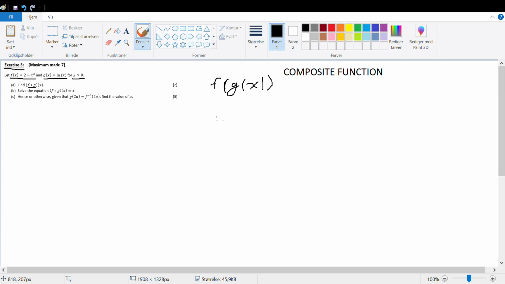F goes on the outside, so we do 2, and then we do minus, and then in here we're going to write g of x, and then we're going to square whatever it is. So I'm going to write g of x instead of x, and then I'm going to write squared. But this is the same thing as 2 minus ln x, then squared.